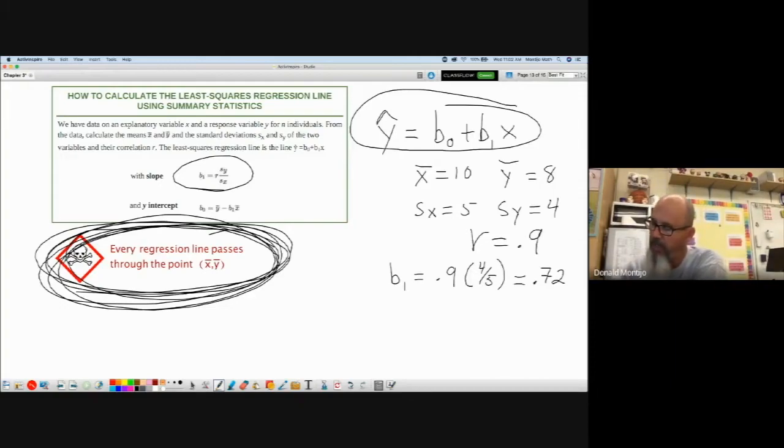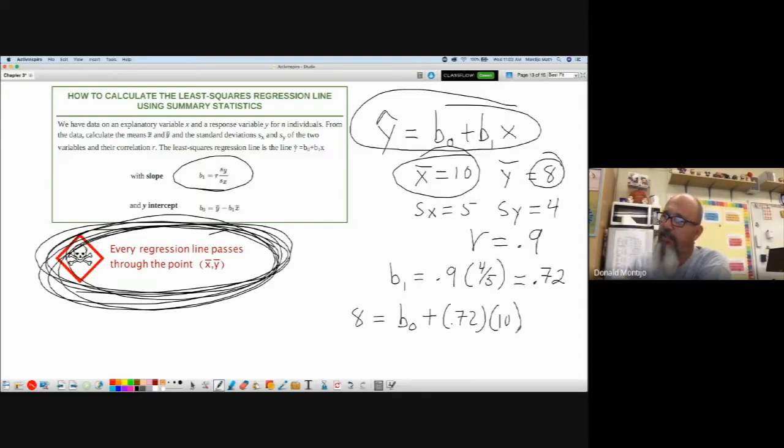So I'm simply going to plug in the slope and plug in the point that I know. So Y, 8, equals, I don't know the y-intercept, plus the slope times X. Since every single regression line passes through the point X bar, Y bar, then I have a point for X and Y to plug in.